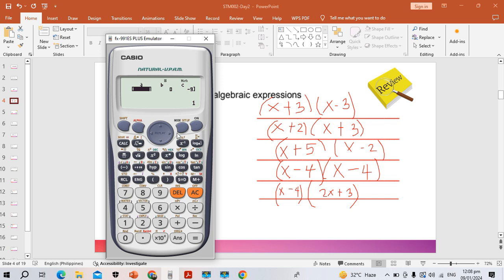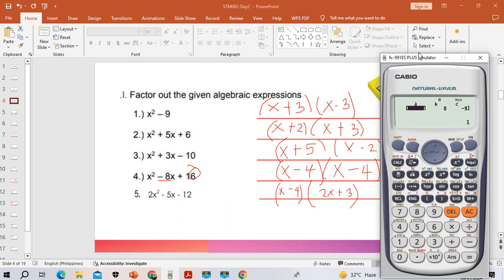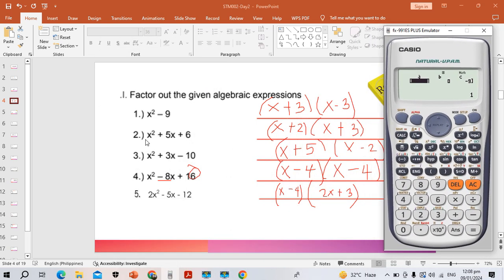Okay, next. Let's move on to number 2. Here in number 2, we have x squared, so the numerical coefficient is 1. The second term is 5, so we input 5. Then the third term is 6, so I'll write 6 there. Then equals. The first number that appears in our calculator is negative 2.